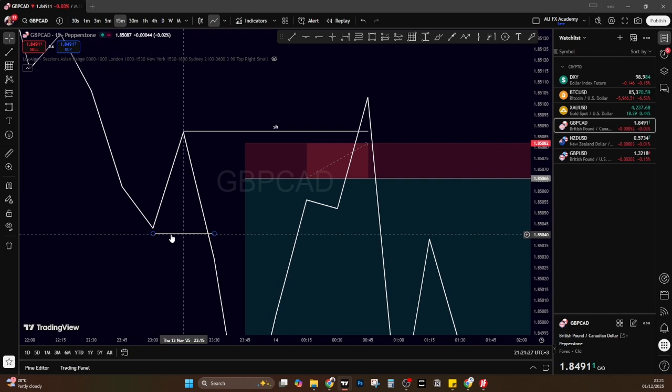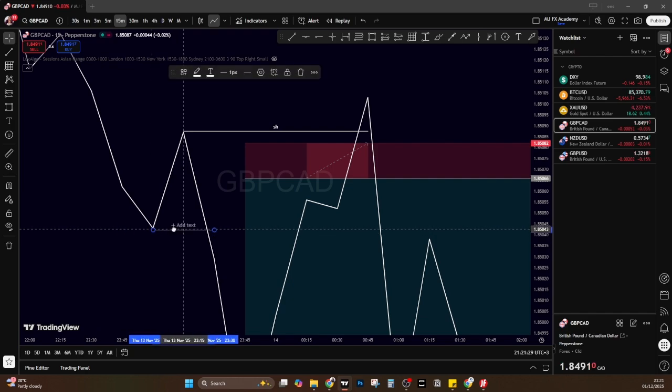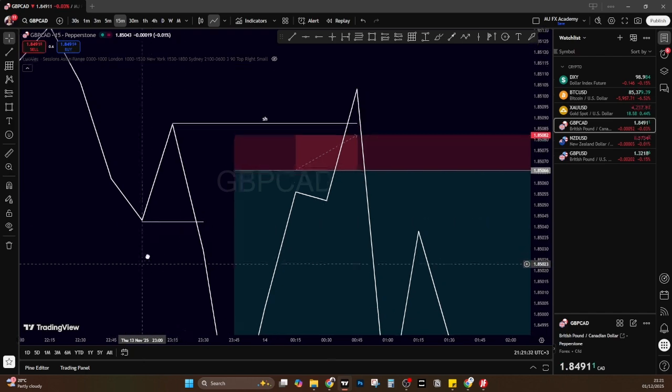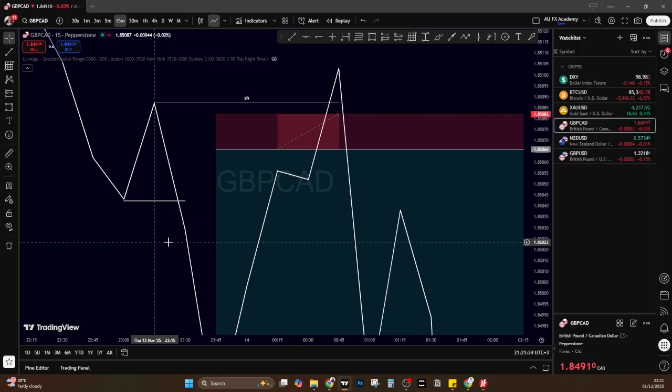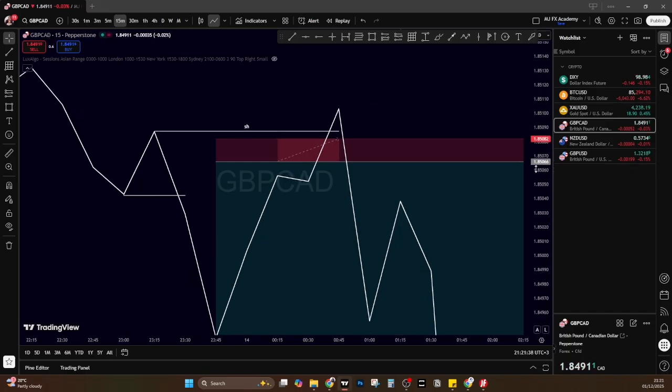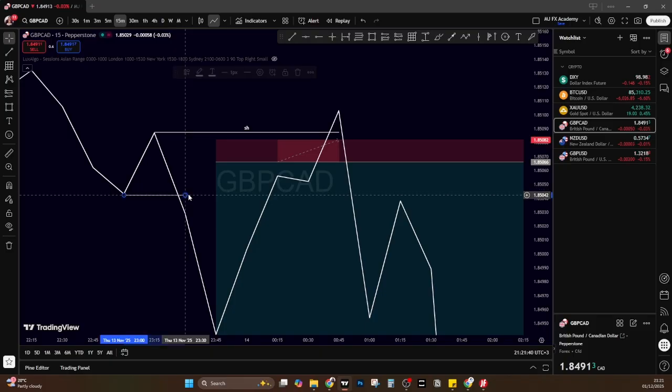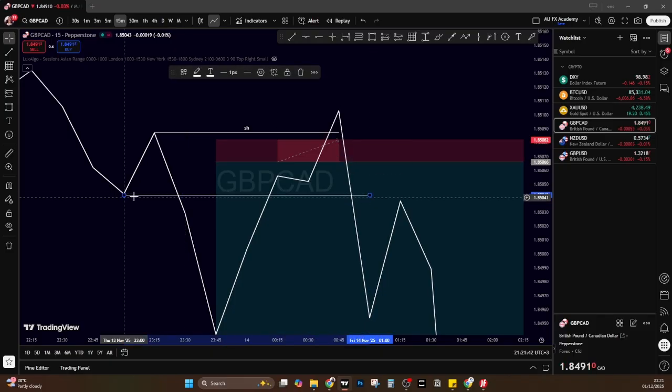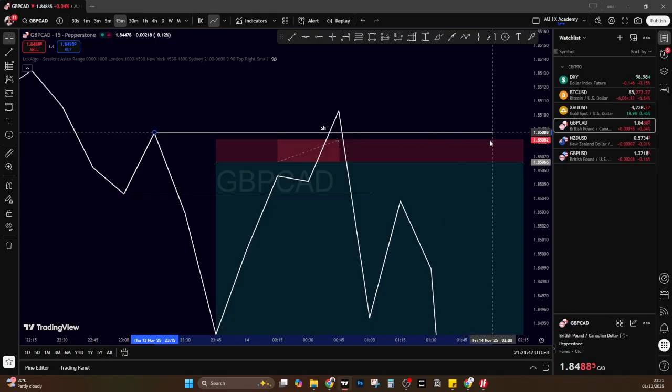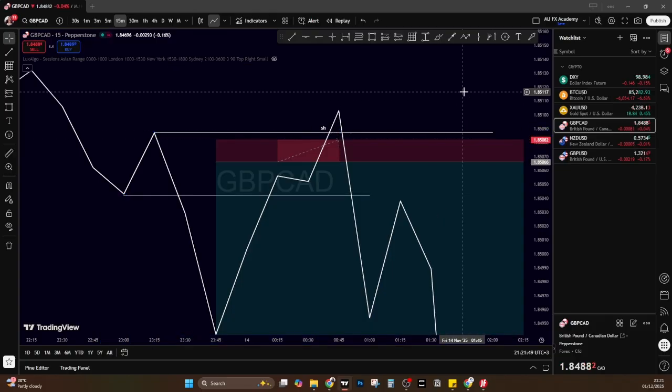And this is where we had our BOS. Now, this is also important to understand that the first trade will come from the BOS. The second trade or the ultimate trade will come from the stop hunt.